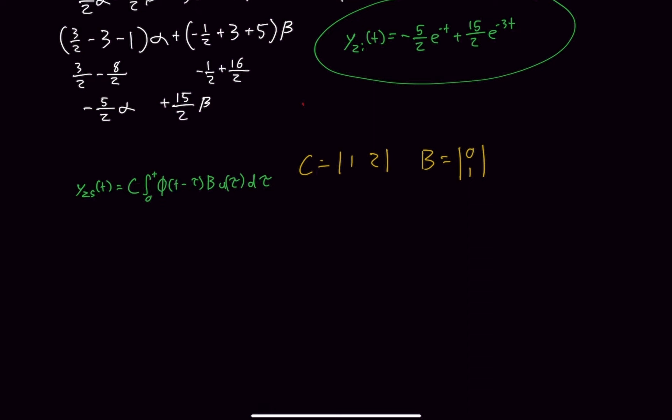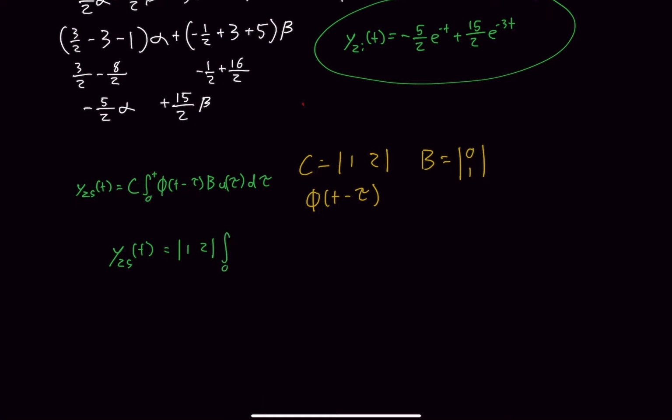What else do we need? I'm not going to write out all of phi again. So it's just going to be phi of t minus tau. So writing all of this out, y zs of t equals 1, 2.